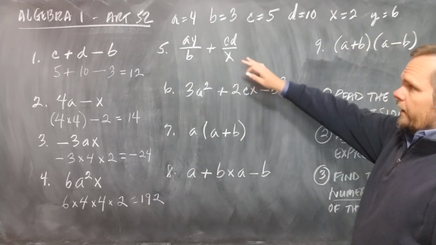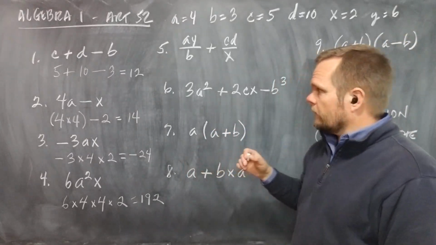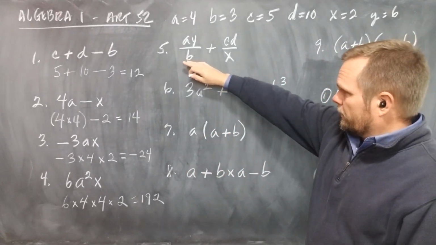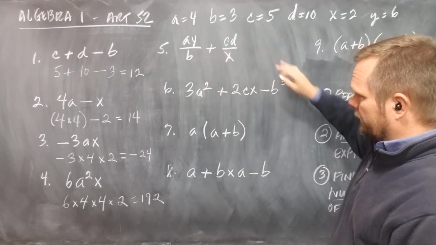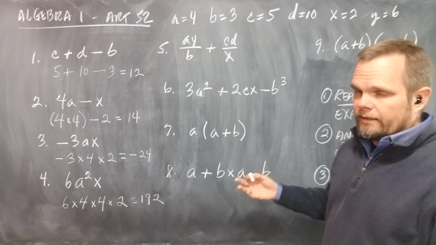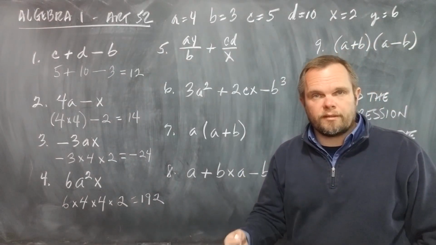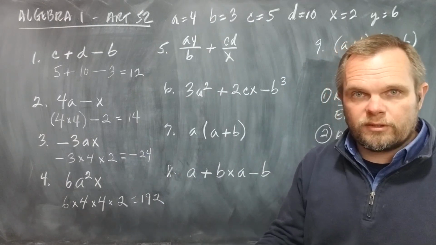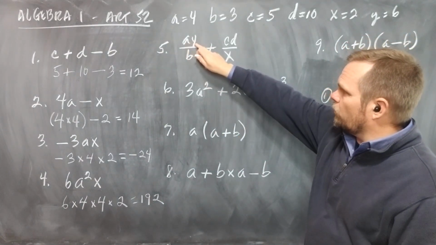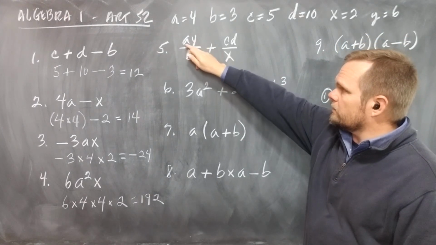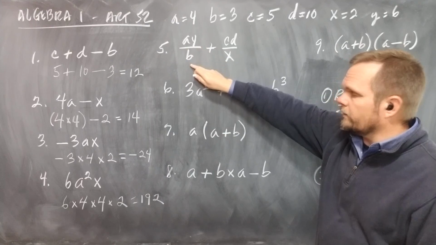Looking at number 5, things begin to get a little more complicated. But remember, when we look at an algebraic expression, we want to learn to read the expression and then analyze that expression based on the definitions that we've learned in Articles 1 through 52. So what we have here is a times y, the product of a times y divided by the quantity b.